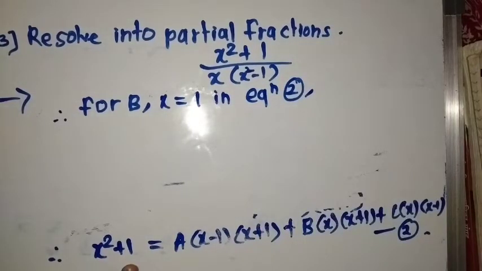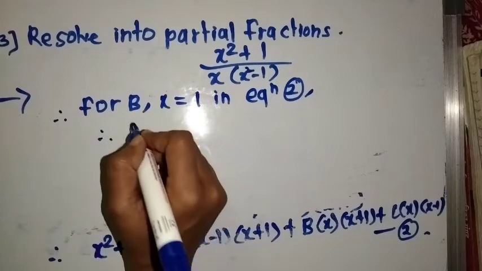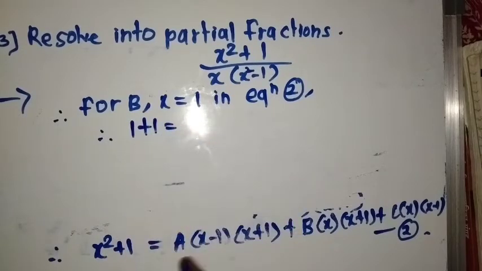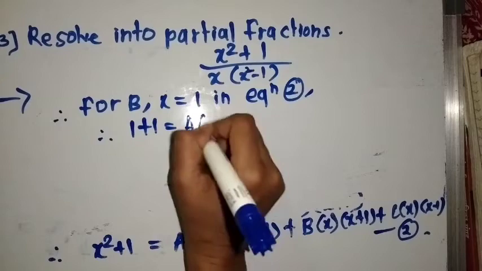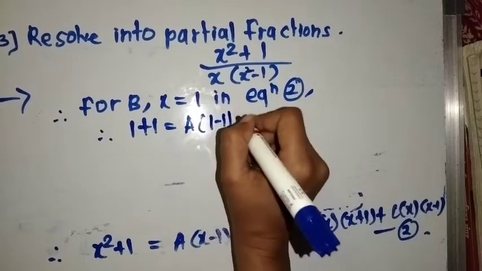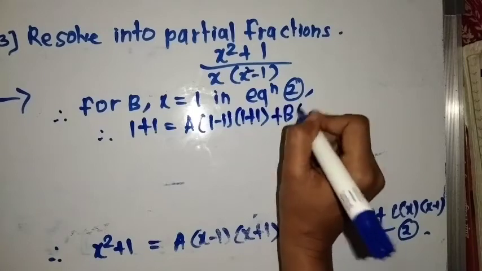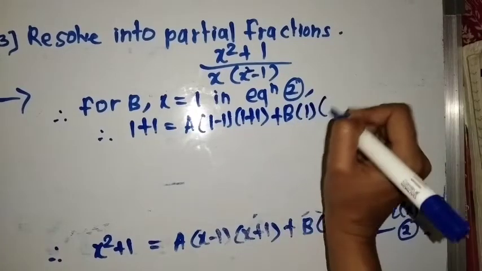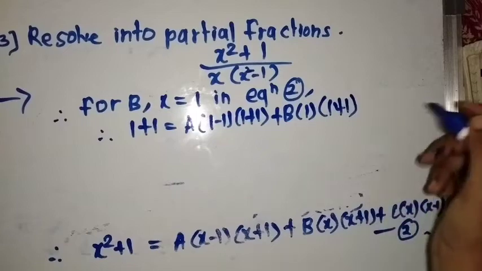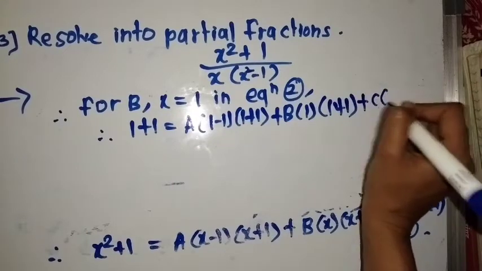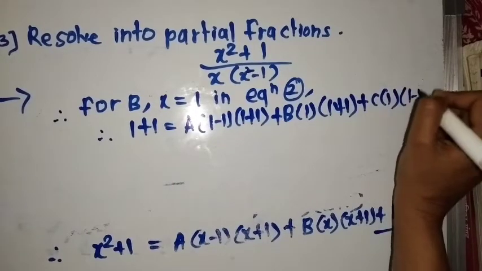Hence we get 1 square plus 1 is equal to a(1 minus 1)(1 plus 1) plus b(1)(1 plus 1) plus c(1)(1 minus 1).